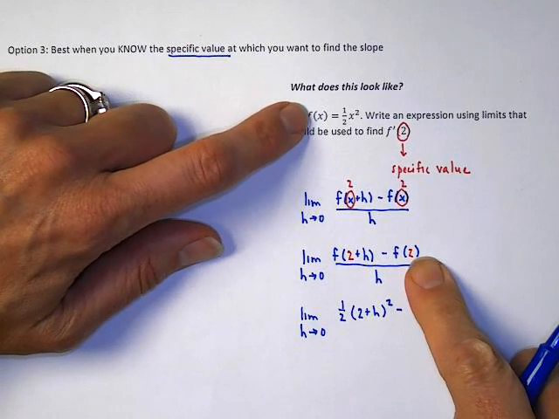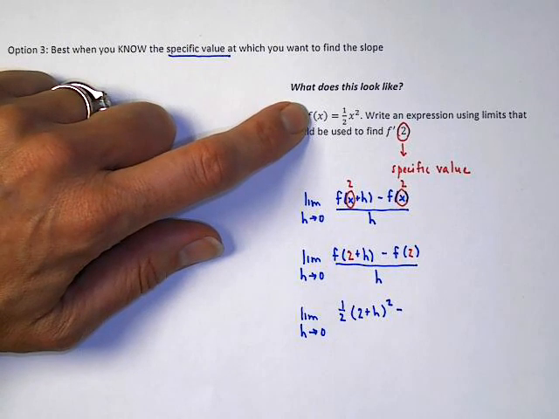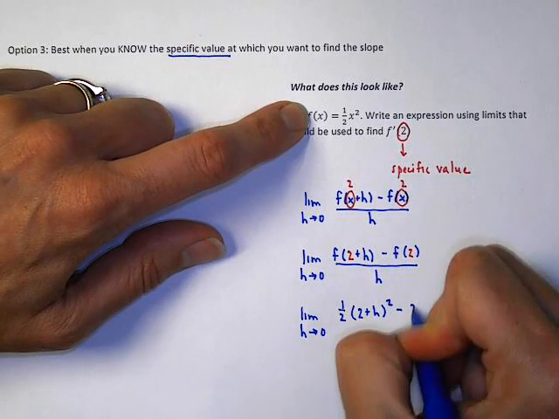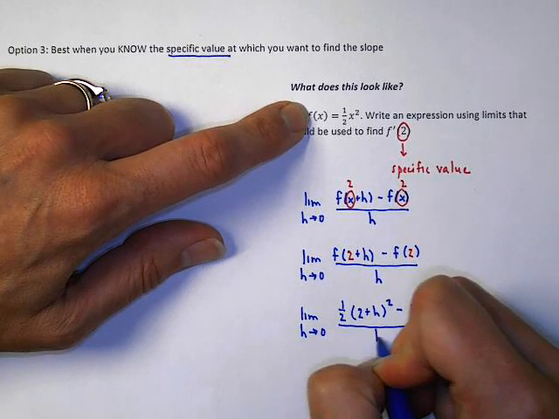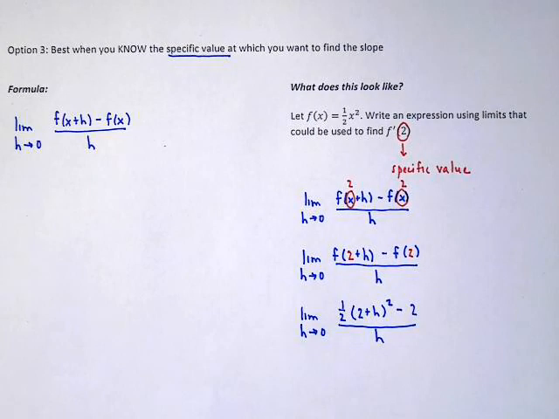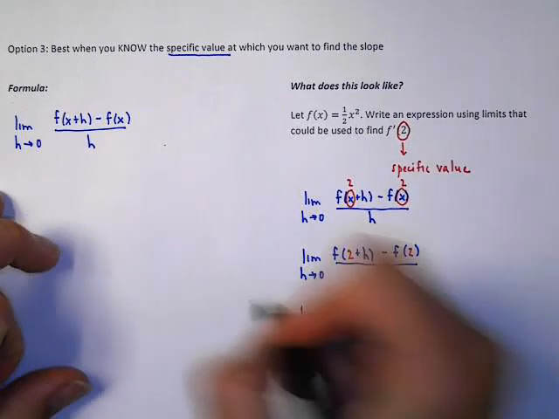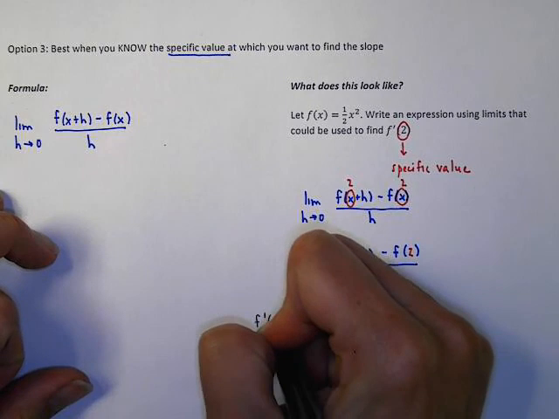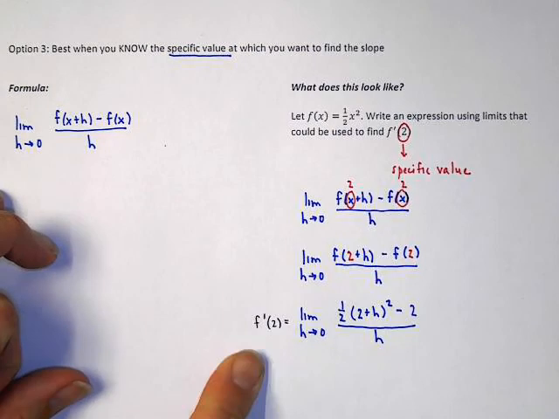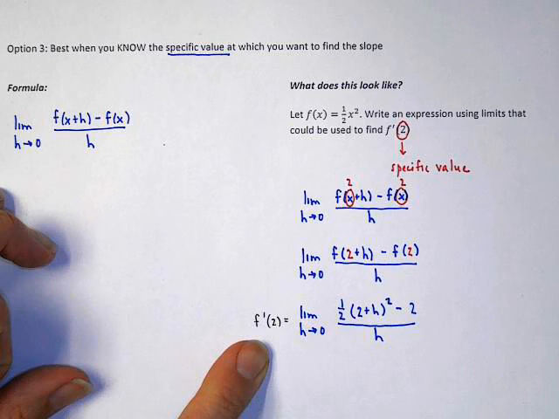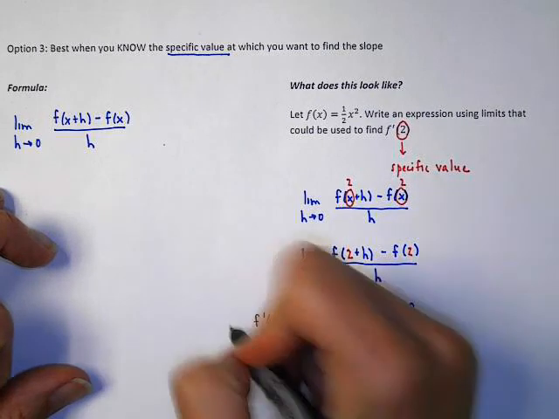This is just evaluating the function when x is equal to 2. So that gives me 2 all over h. And so this expression, again, would help me find f prime of 2, or the slope of the tangent line to this curve when x is equal to 2.